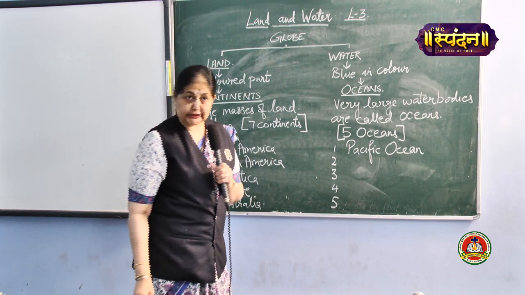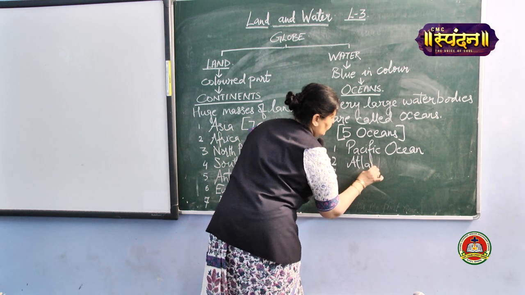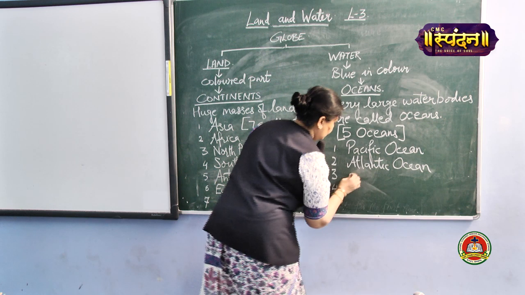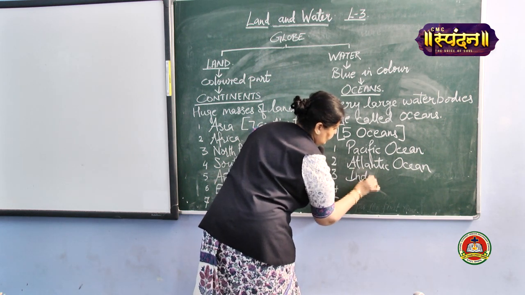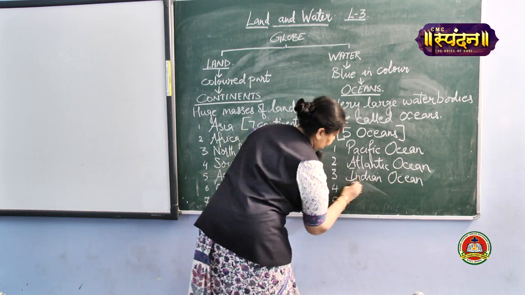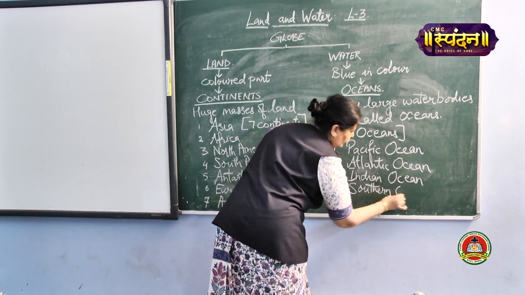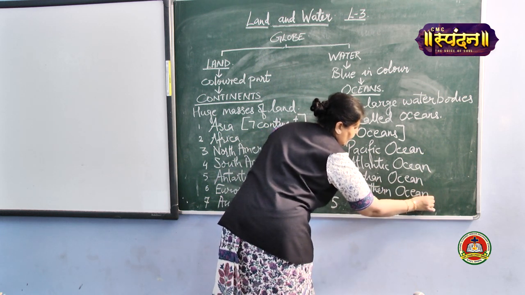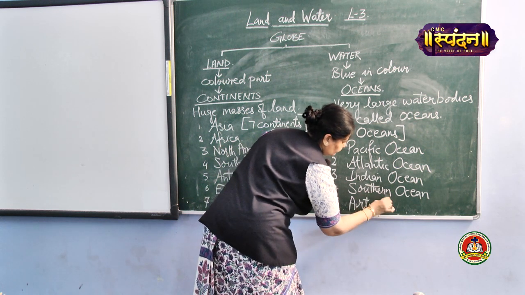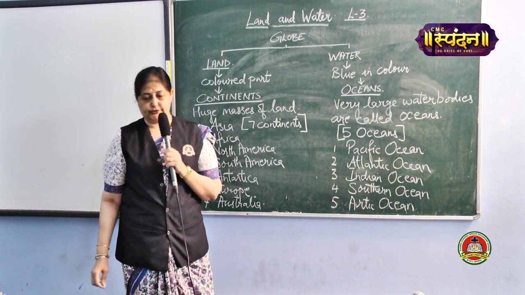Pacific Ocean, Atlantic Ocean, Indian Ocean, Southern Ocean, and Arctic Ocean. Correct? These are the 5 oceans.